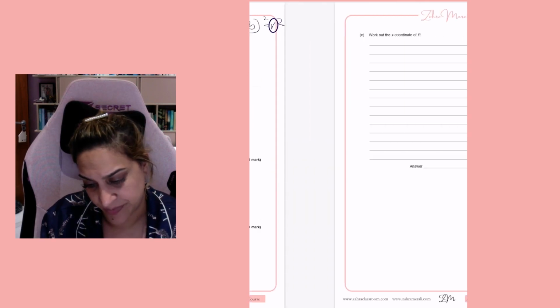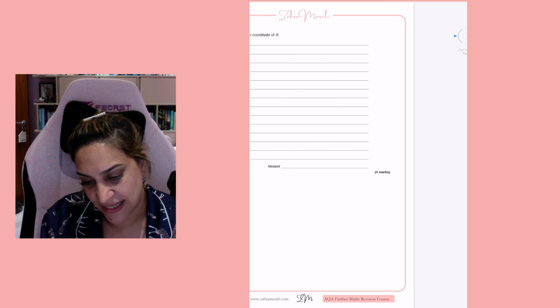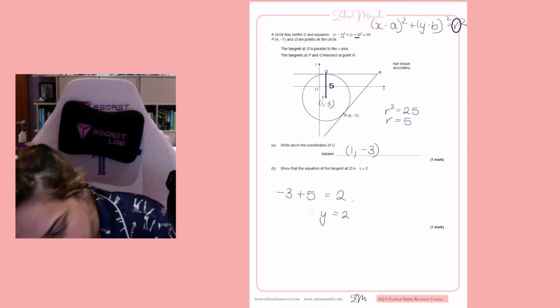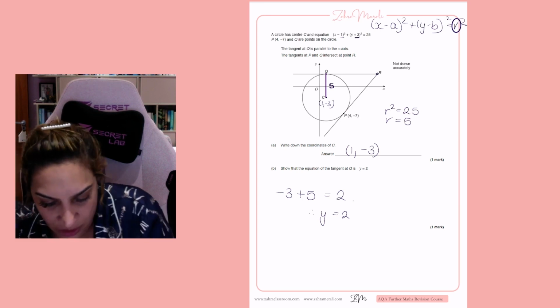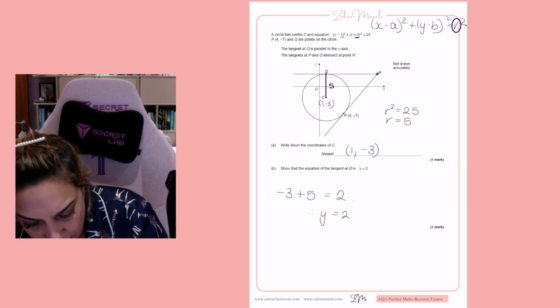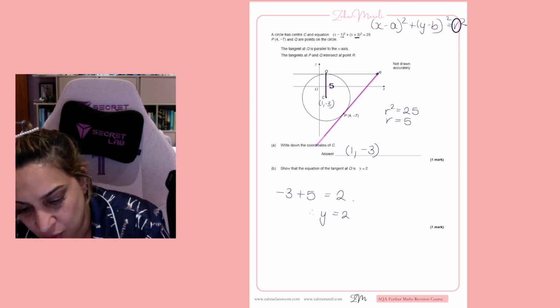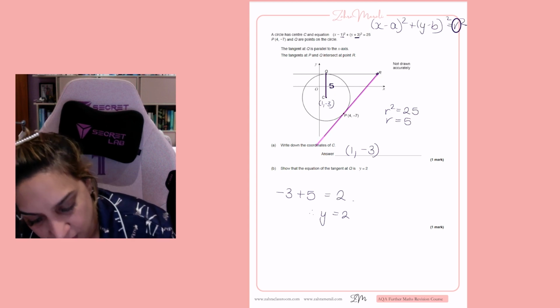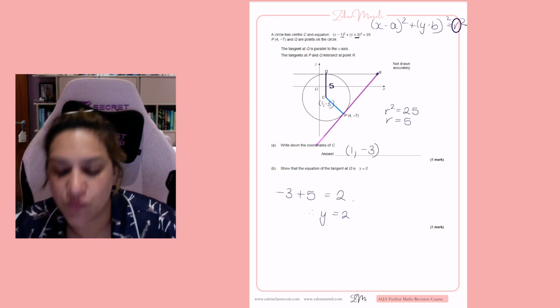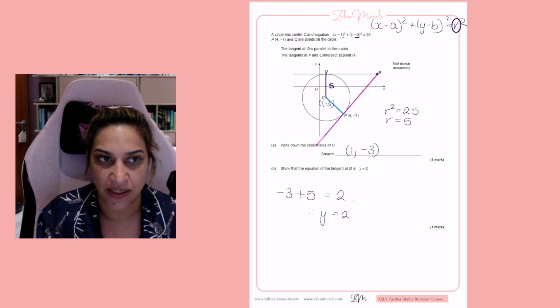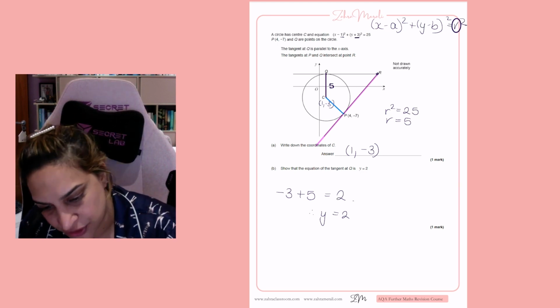Okay, nice. Work out the x coordinate of R. Okay, so we want to work out this coordinate here, which means we need to work out the equation of this line. To do that, we first need to know the gradient of this line. So we want to know the gradient of the line from C to P. Okay, how are we going to do that?